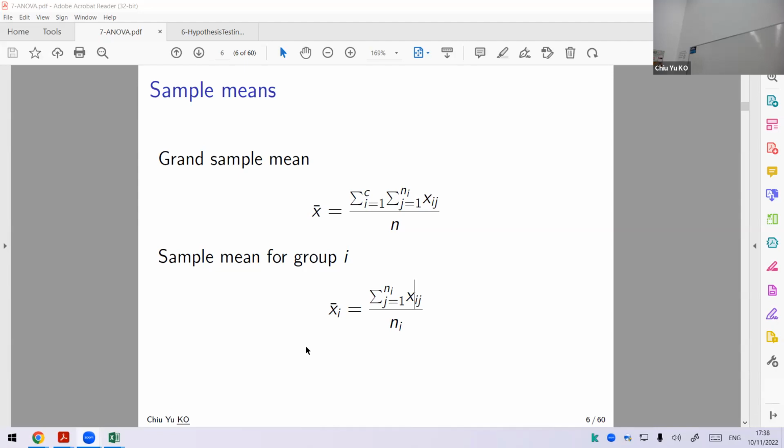I want to calculate the error of the estimate.